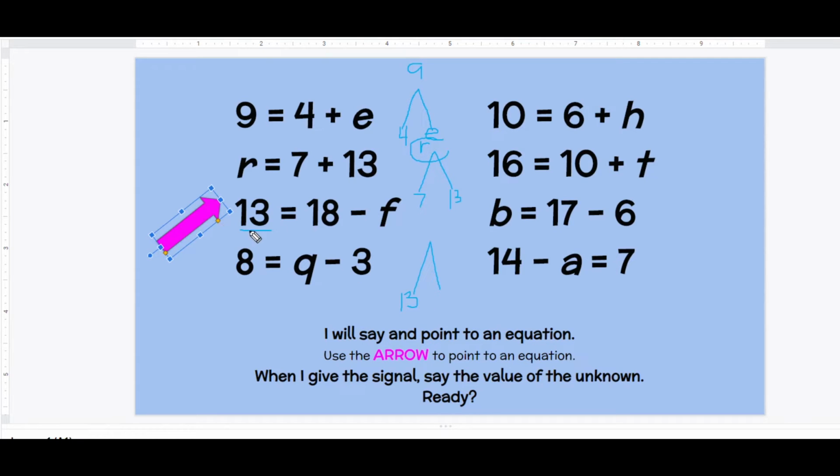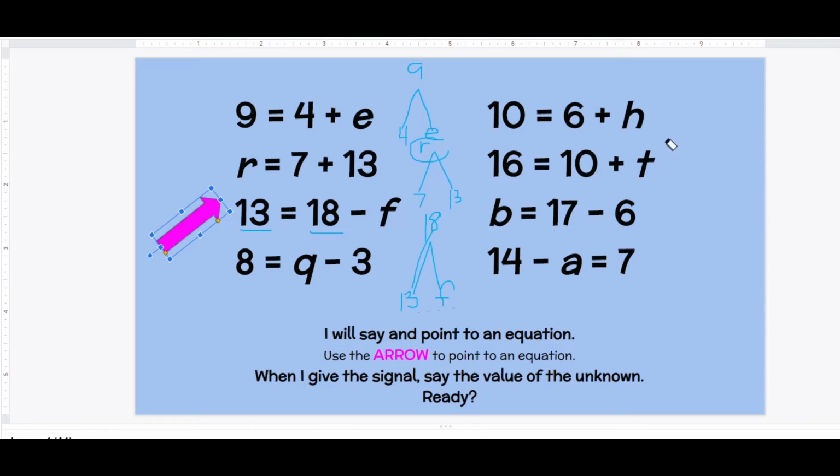This is a partner because it's not the total. When we're subtracting, the number we're subtracting from is the total. So 18 is a total. That means 13 is a partner and F is a partner. This will help them to see that we could count up to get to 18, or do 18 minus 13 to get F by itself. So that's how I'd run it with my students.